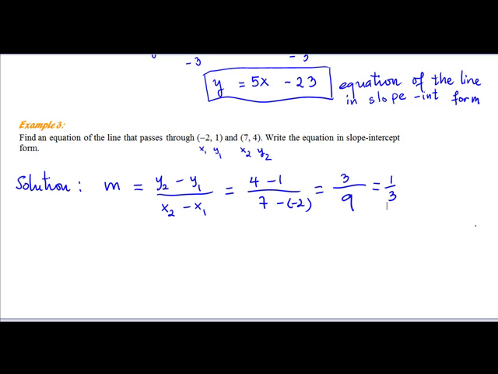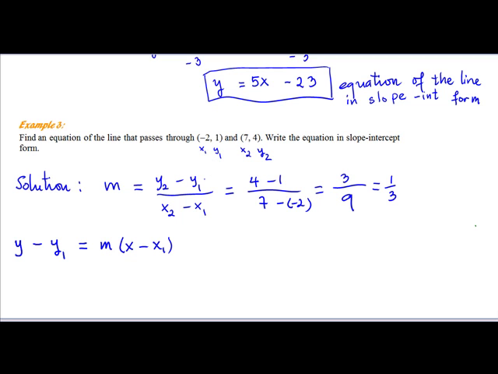To find the equation of a line, I'm using this formula: y minus y1 equal to m times x minus x1, where x1 and y1 stand for any point. We have 2 points. You can pick this point or that point. It doesn't matter which point you pick, the answer is always the same.